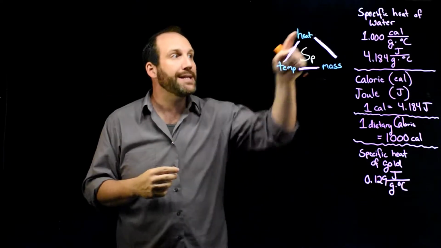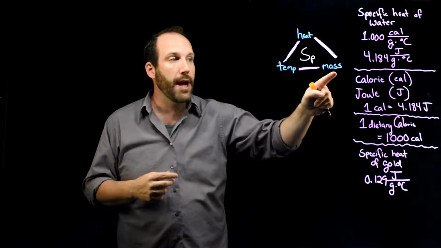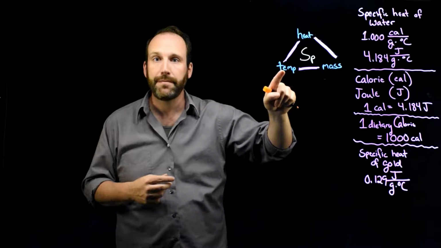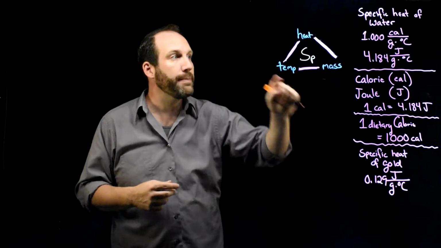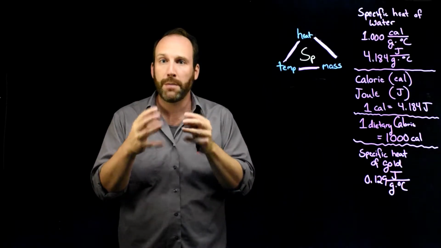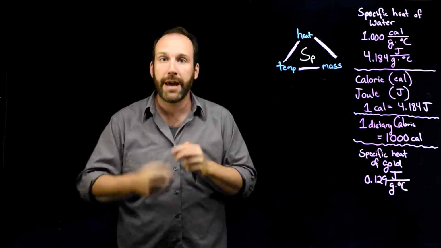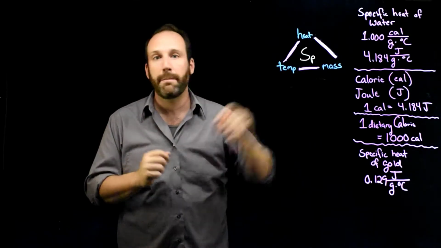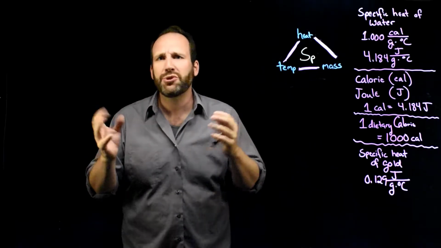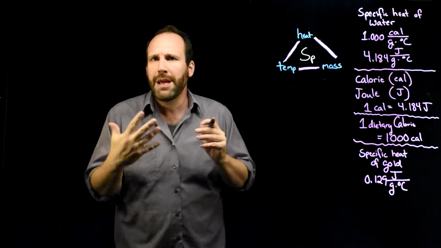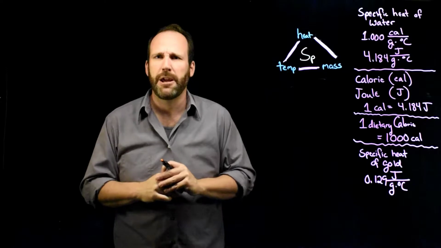As heat flows into an object, its temperature will change, right? So there's this relationship here between heat, mass, and temperature. And that relationship forms what's called specific heat, which for the purpose of this video, I'm going to abbreviate as S sub P. Different chemistry textbooks and different chemistry teachers may have their own abbreviation. For me, what typically works is S sub P, all right?